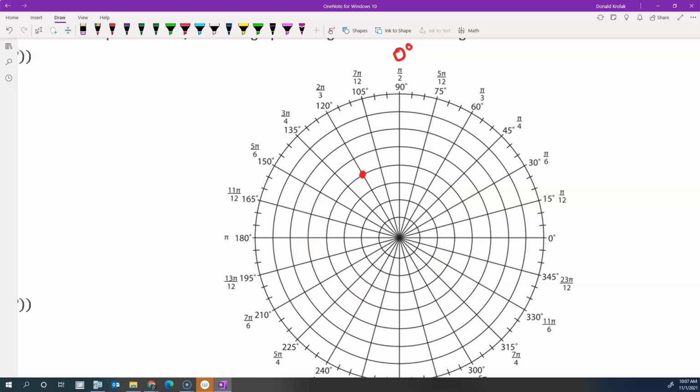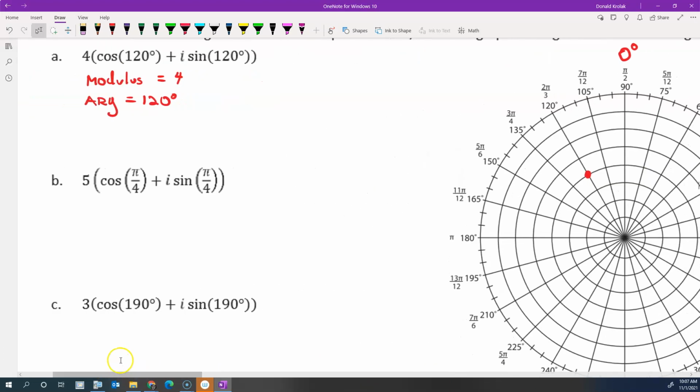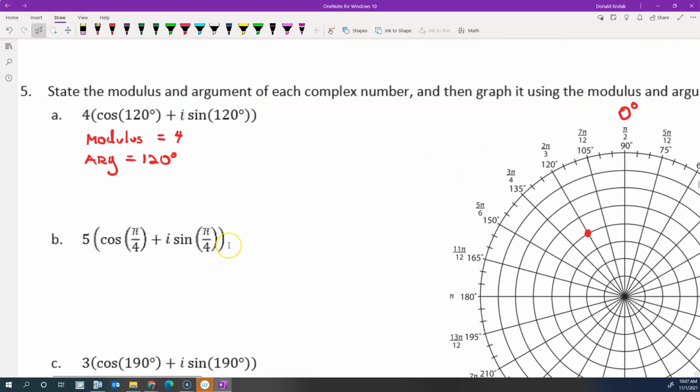So if this was a radar screen, this would be, let's see, 15 degrees, so that would be 270. No, 330. But really, you can even sketch it on a rectangular plot. I mean, we can all estimate where about 120 is.